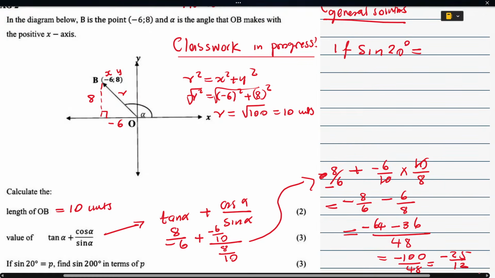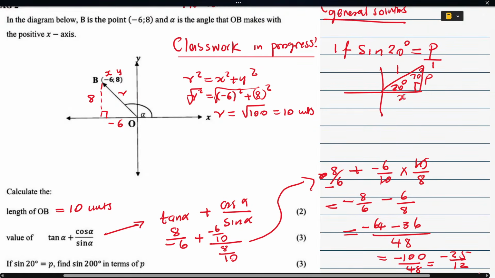If sine 20 degrees is equal to P, now, how do you deal with this one? You draw it on the first quadrant. Again, this is 20 degrees, and then there it should be 70 degrees. Sine is opposite over hypotenuse. I believe that you did that.